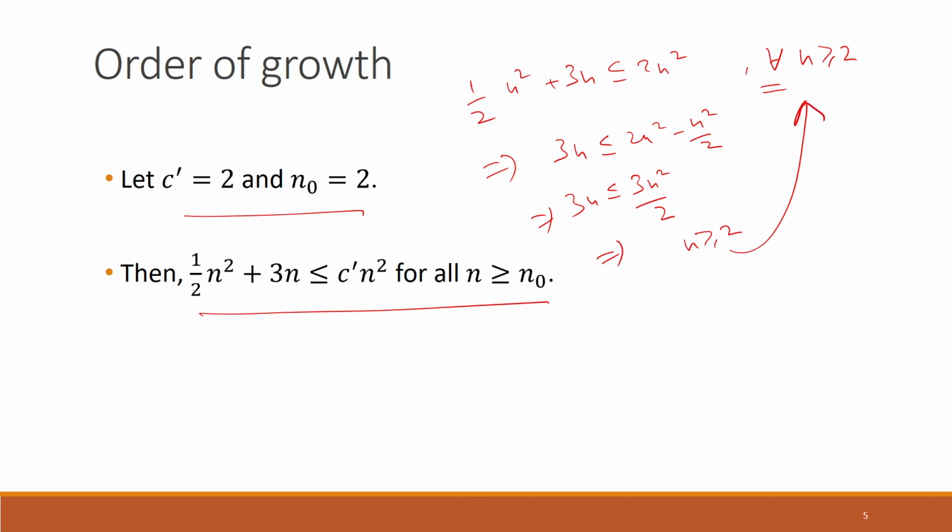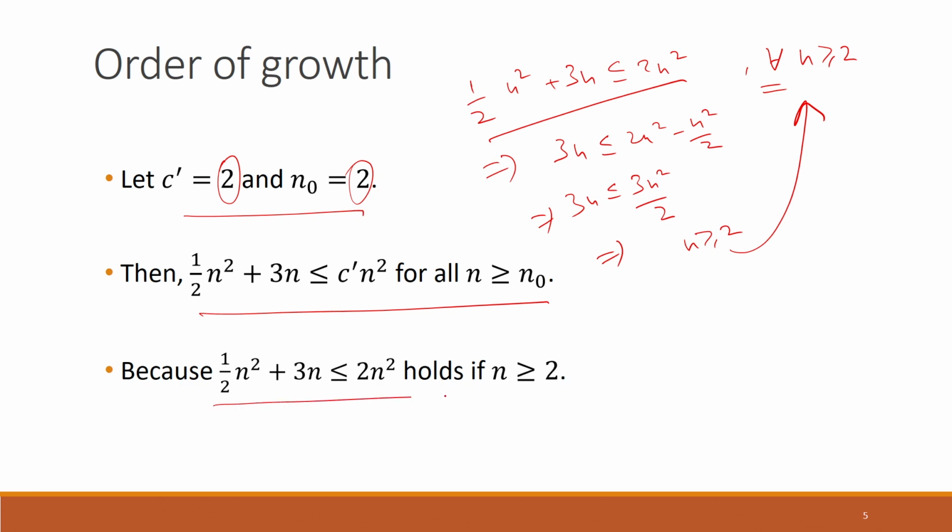So, for n greater than or equal to 2, this holds, and therefore, we have now verified that this function fn, which is half n square plus 3n, is less than or equal to c dash times n square for all n greater than or equal to n naught, where the c dash that you can choose is 2 and the n naught you can choose is also equal to 2.